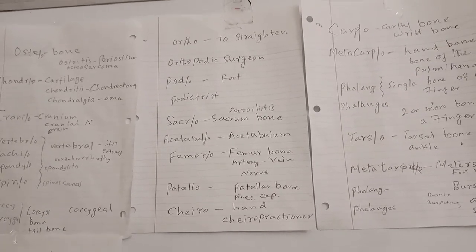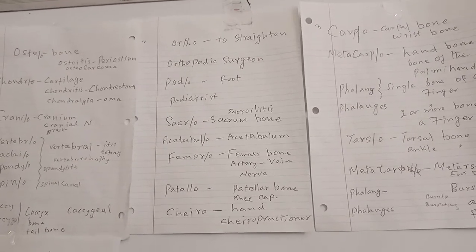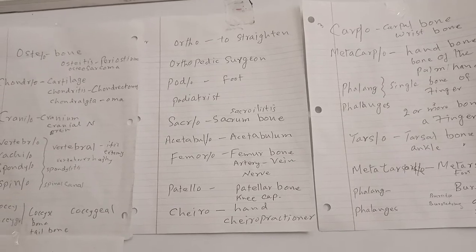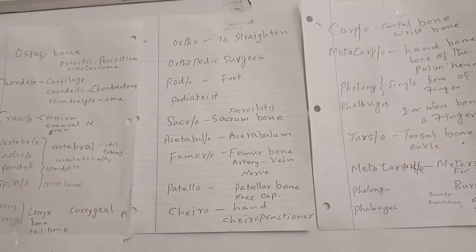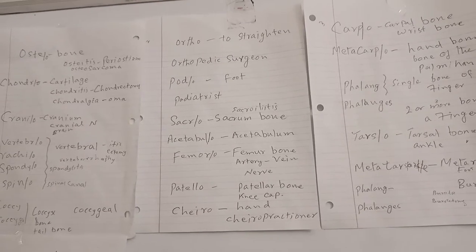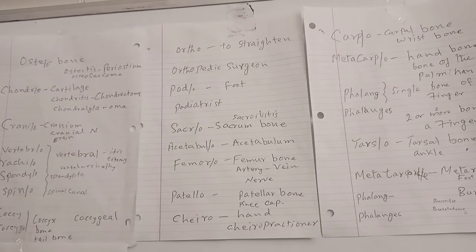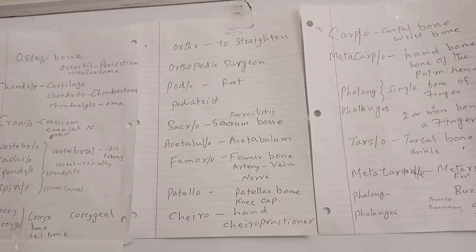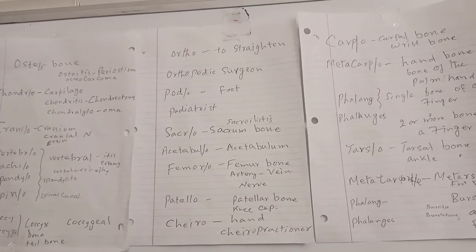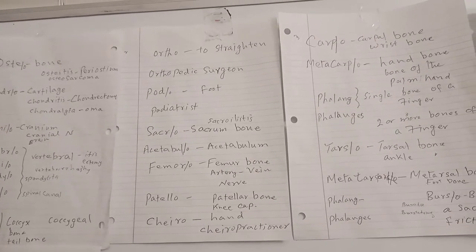Next word root is femor. Femor, F-E-M-O-R, is the word root for femur, which is F-E-M-U-R in English. Femur bone, the largest bone in our body. I repeat once again that we make medical terms from the word root, never from the English word.